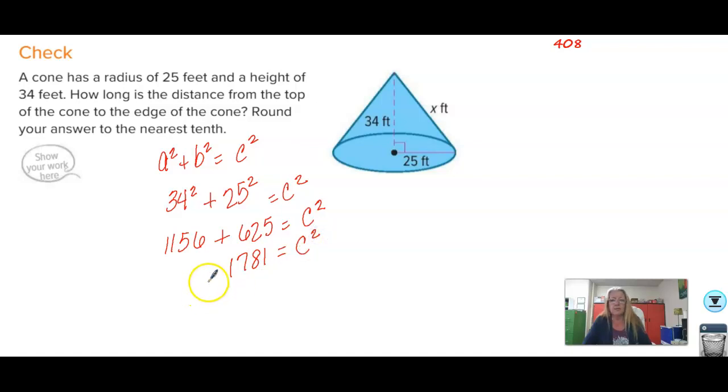And remember, our last step is always to take the square root of both sides. So we need the square root of 1781. Yep, that's not friendly either. We find that c is 42.20. So that would be 42.2.